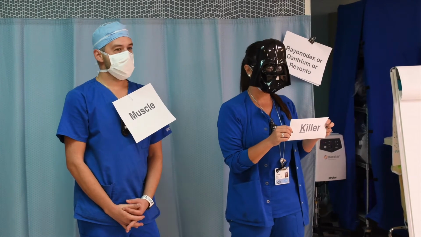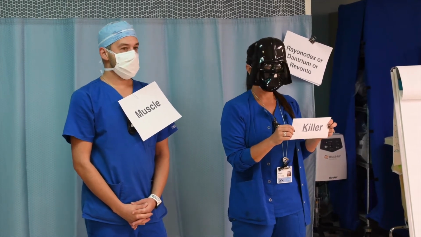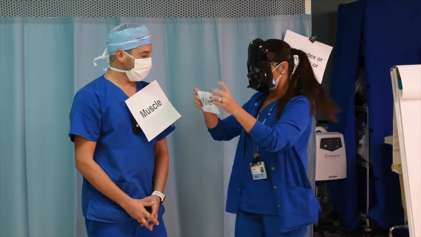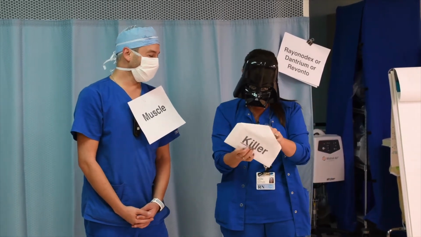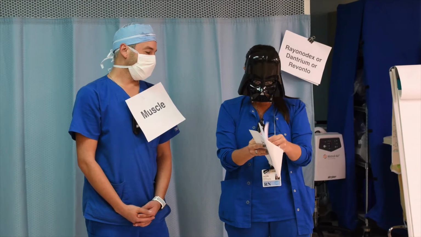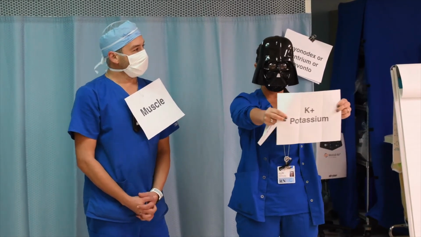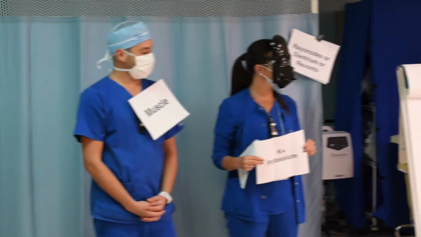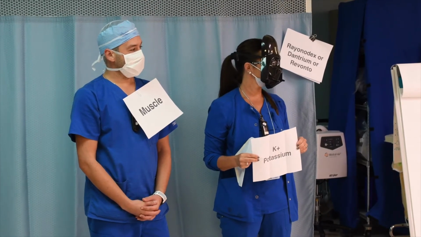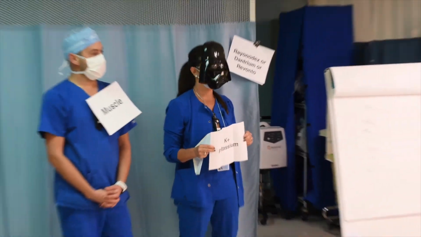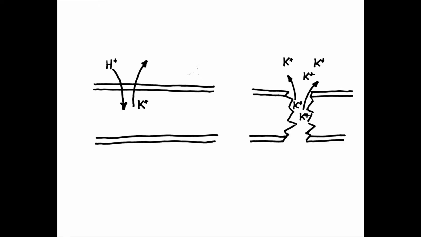What's that? Yes, it's potassium. Go ahead, open up the envelope. Potassium. You win the award. The reason there's a lot of potassium released is that the acidosis we talked about goes into the muscle cells and pushes a lot of potassium into the bloodstream.